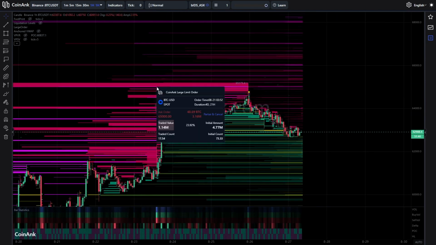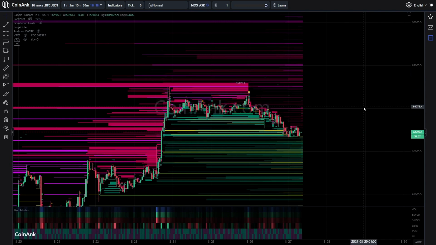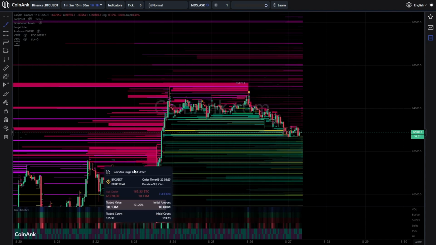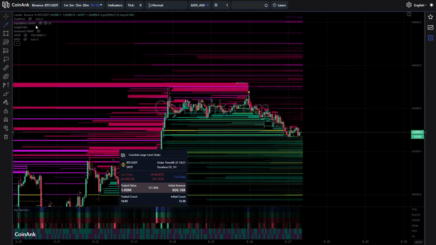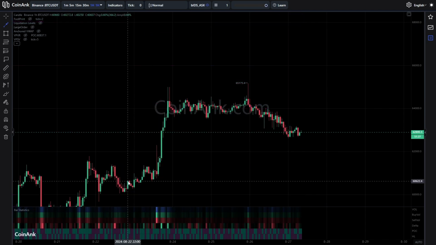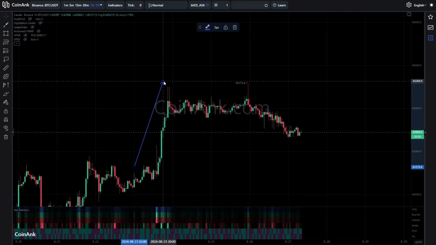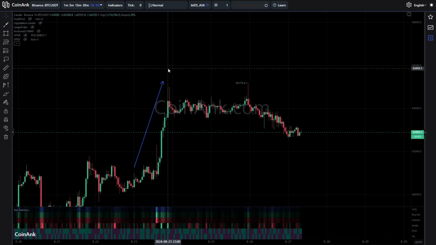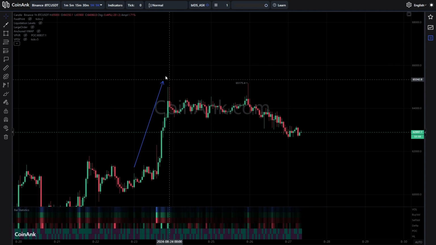They want to get rid of their holdings, so they are marking prices up. Let's just turn this off real quick. They're marking prices up in order to sell their holdings, in order to fill their positions here.